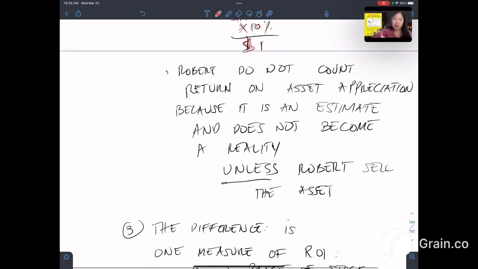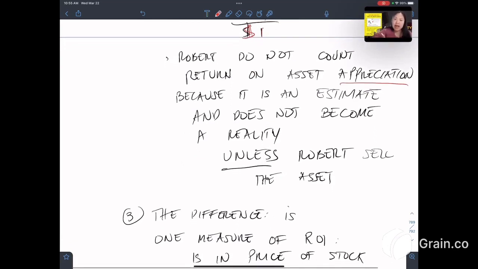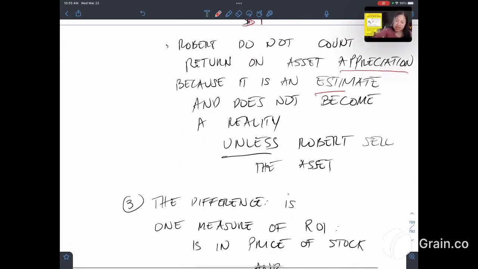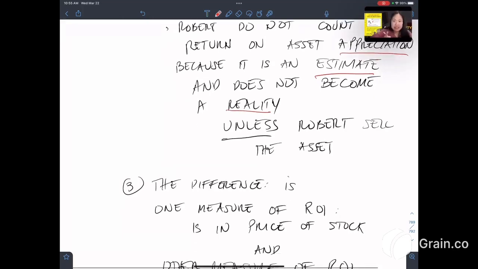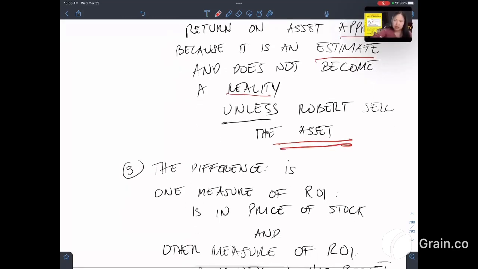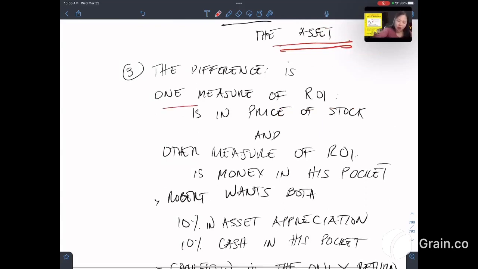Now, Robert does not count the return on asset appreciation. Why is that? Because the asset appreciation is an estimate and does not become a reality unless Robert, or you, sell the asset. Now, the difference is one measure of the return on investment is the price of the stock.